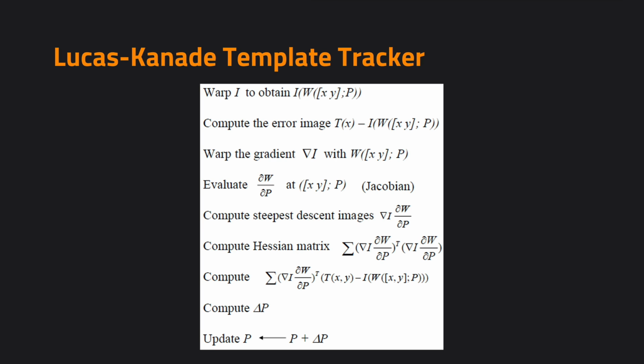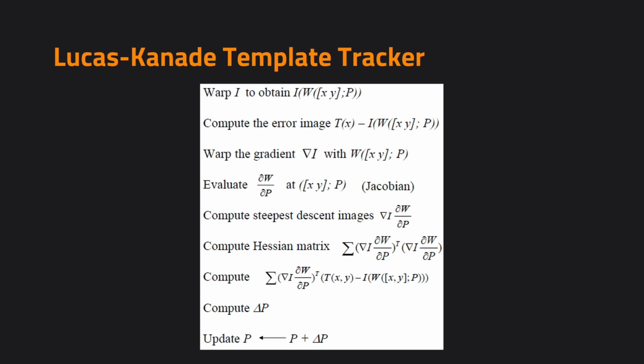The next step is to evaluate the gradient of the parameter of the warping at the current location. And then we can evaluate the combination of the image gradient with the warping gradient, which gives the steepest descent images.